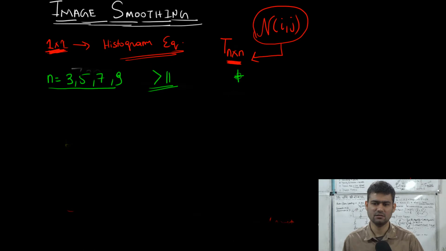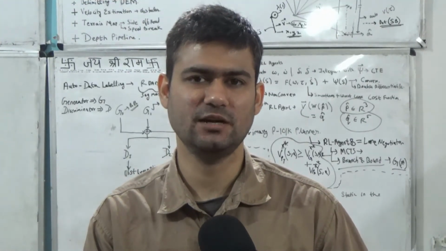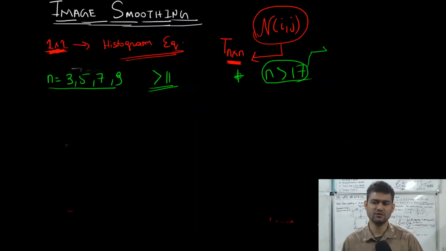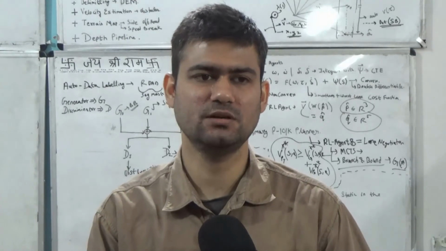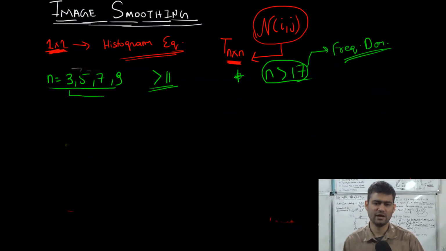For example, if n is greater than 17, then the process would be computationally very expensive, and in this case it is advisable to perhaps take the computation in the frequency domain rather than operating in the spatial domain. But usually most of the filters that we'll be considering would be of size 3, 5, 7 or perhaps 9, not more than that typically.